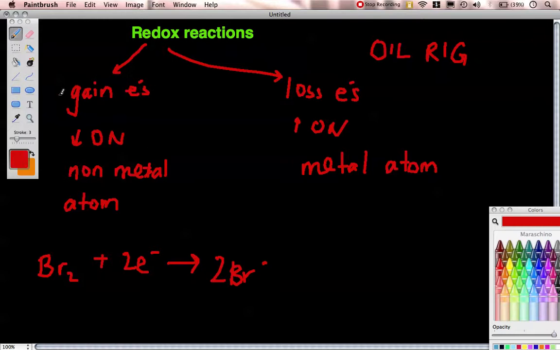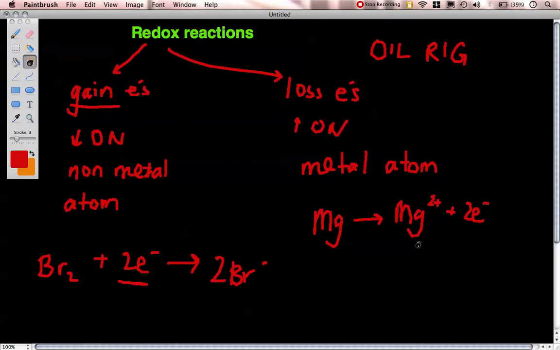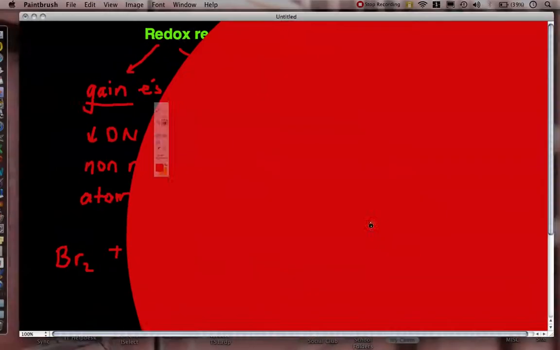And hopefully you guys can see this bit: gain of electrons. And take a metal atom, for example magnesium, readily gives up 2 of its electrons to form the magnesium ion and 2 electrons. So they should be concepts that you guys are more than familiar with.